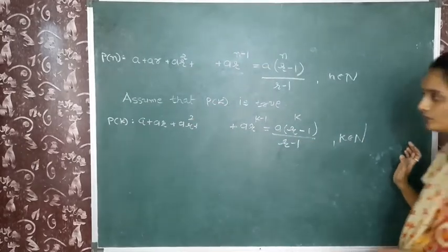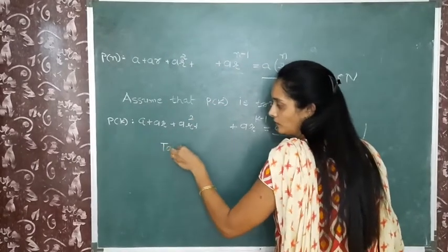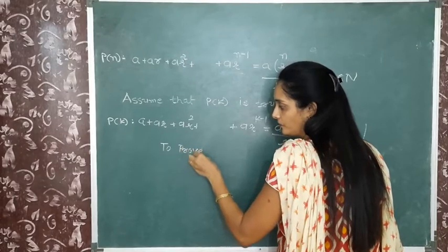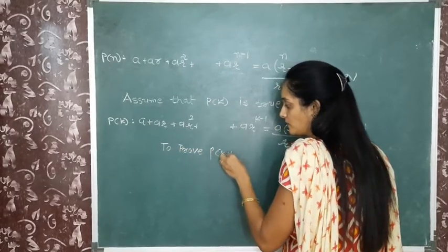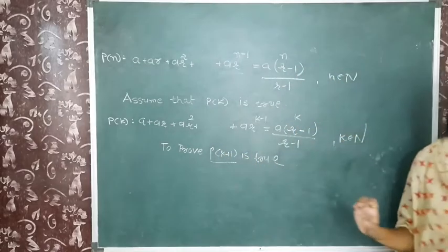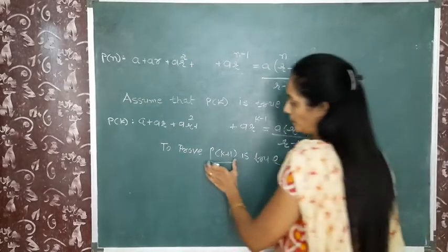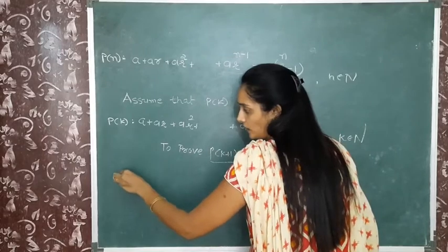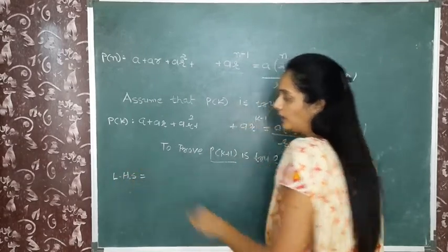Okay, now we have to prove that P(k+1) is true. So to prove P(k+1) is true, we can take the left hand side.